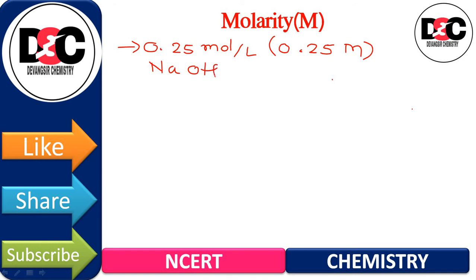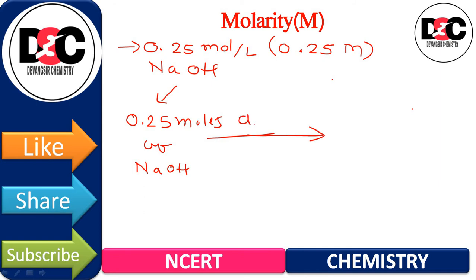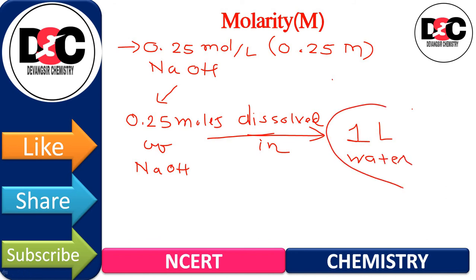It means that 0.25 moles of NaOH has been dissolved in 1 liter of solution.